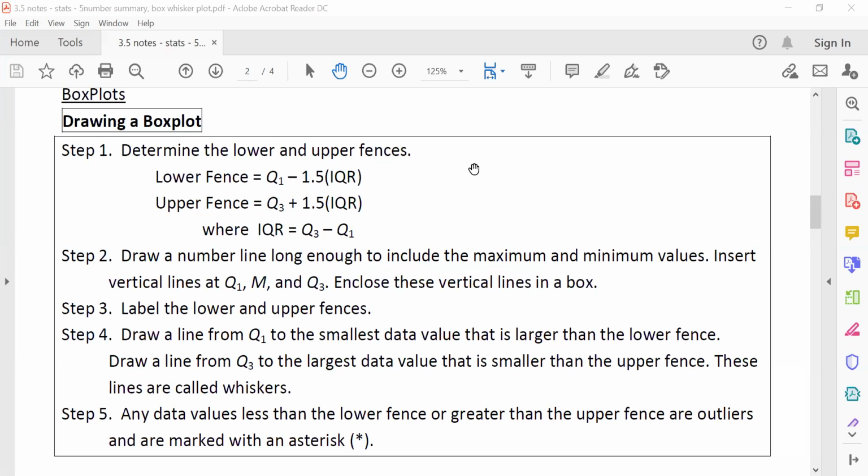Of course, if you're watching this on YouTube later, you could just pause and write it out and skip ahead to where we get past this point. So again, calculate your fences, calculate your IQR, make a number line that's going to be long enough to include everything.